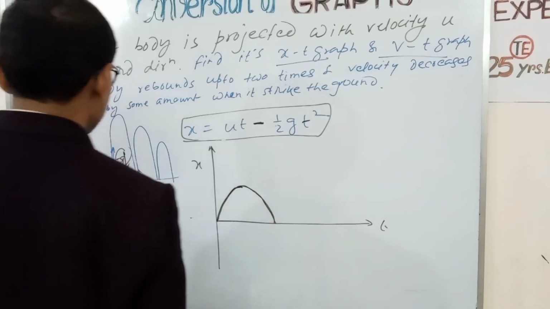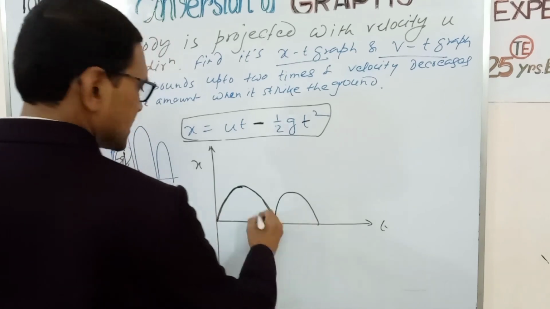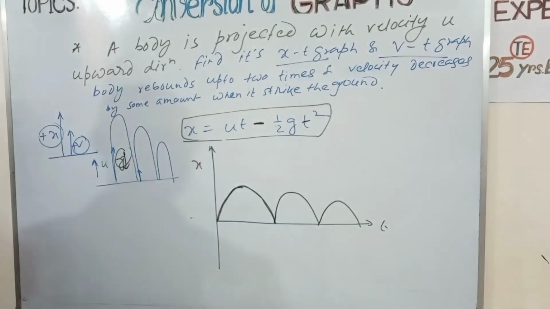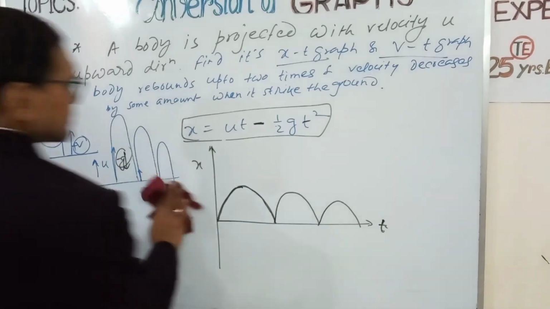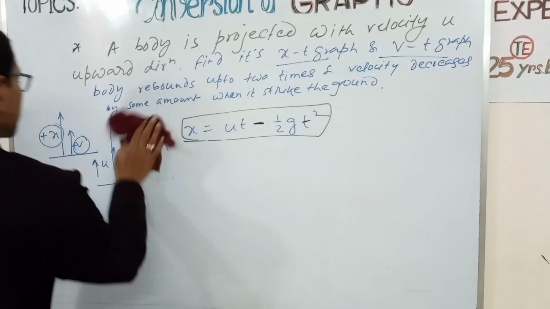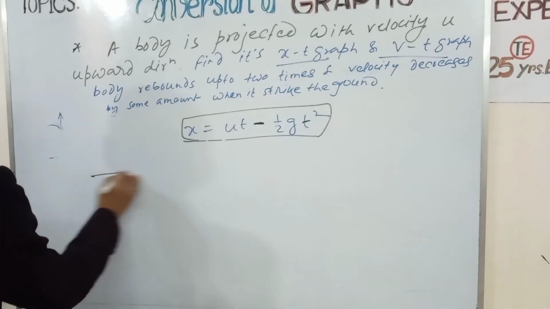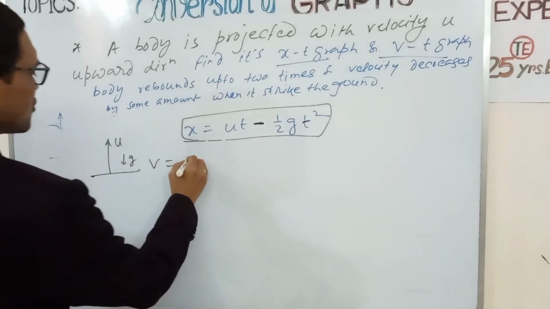Now it rebounds 2 times, so another graph we have to draw. The velocity decreases, so this is the xt graph. Now what is the vt graph? If a body is projected with velocity u and g, v equal to u minus gt.